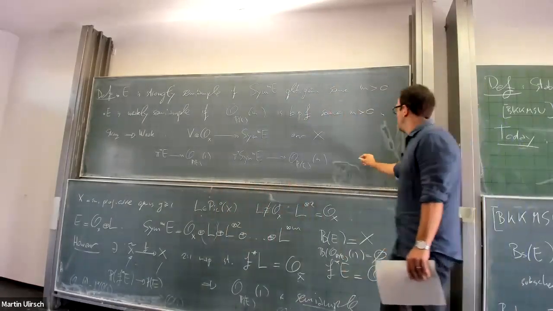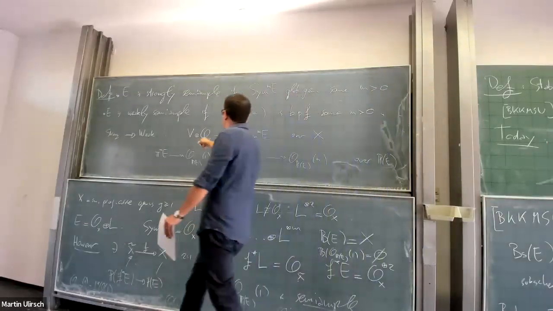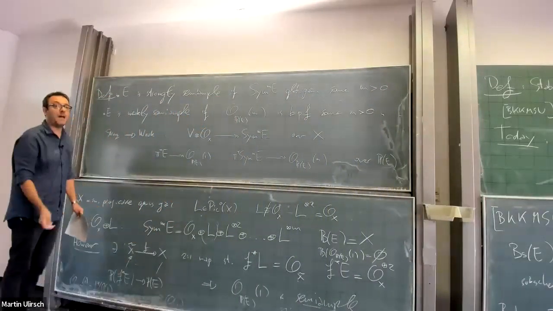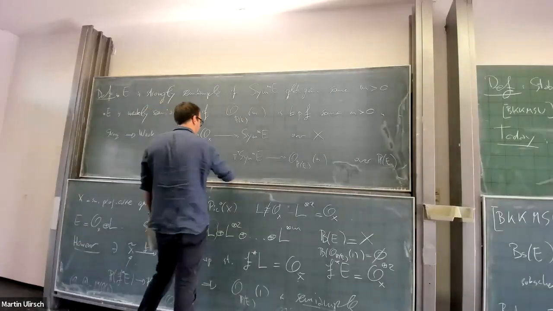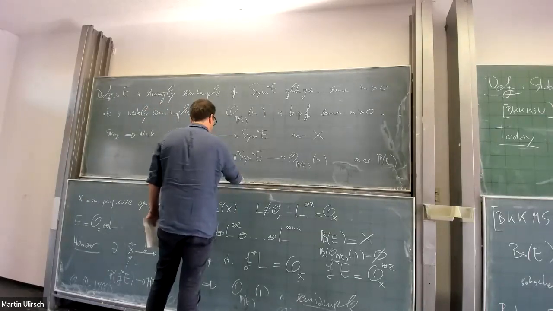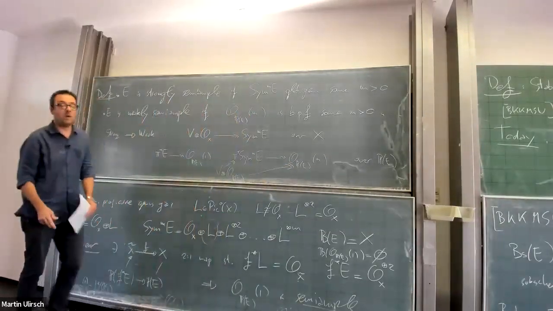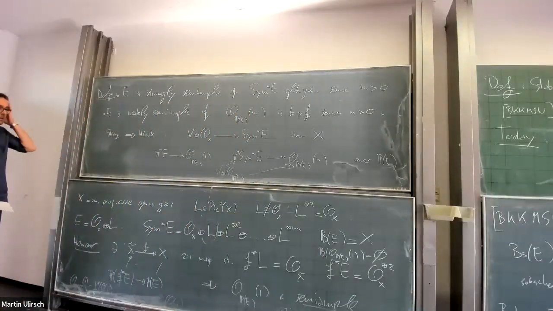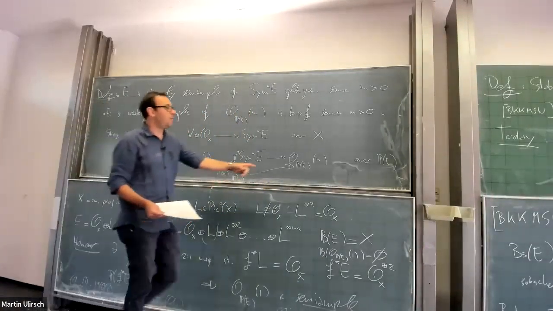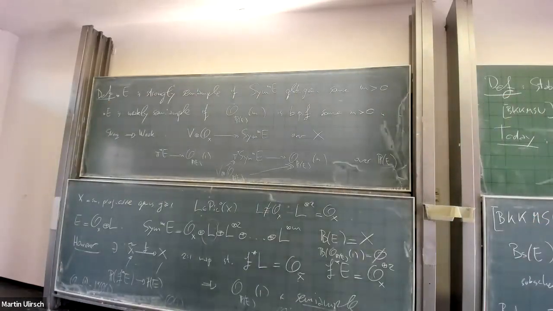And therefore, over P(E), we pull back this surjective map, and we have V tensor O_P(E) surjects here, and therefore it surjects even here. And so this is a globally generated line bundle over P. So the implication does always hold.